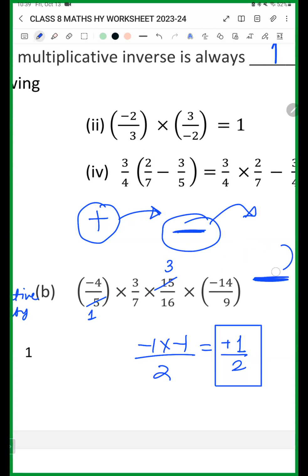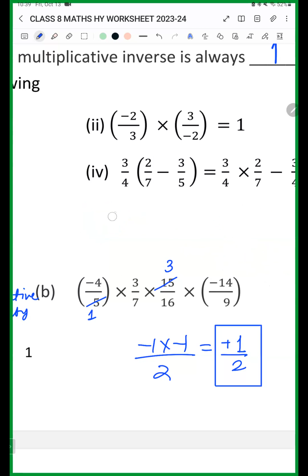But a positive sign never changes the sign of anything. Negative is the one that changes the sign of other numbers. Okay, I understood. A positive one is not going to do any harm to anyone. That is why we can skip it or we can write it. It's up to us.